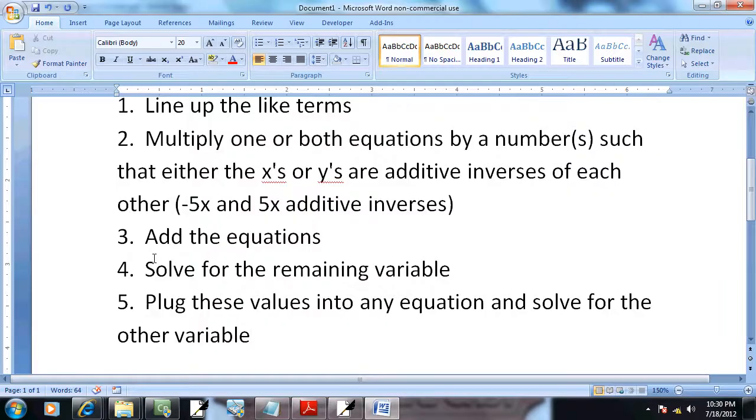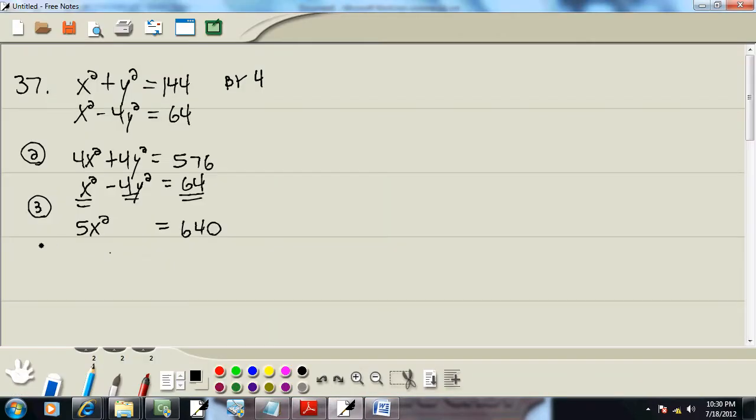Now step 4 says solve for the remaining variable. We just have x's left, so I'm going to divide both sides by 5. That gives us 128.